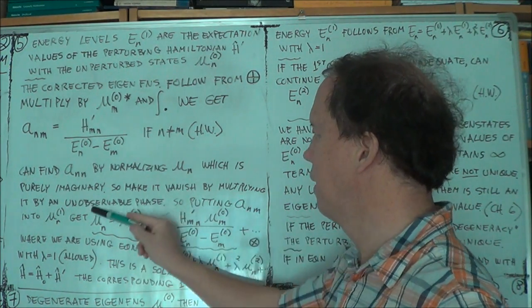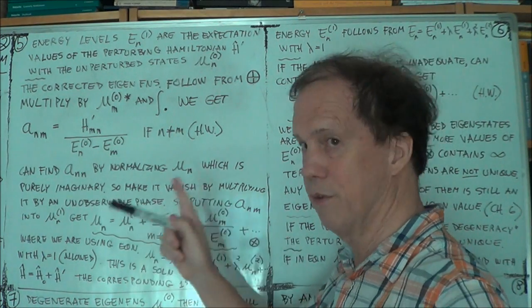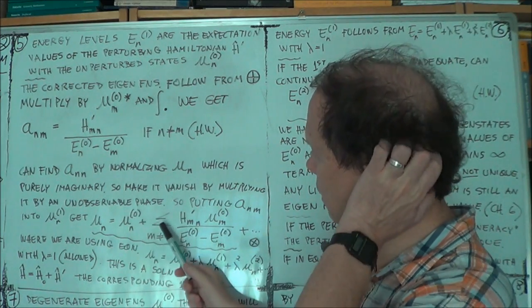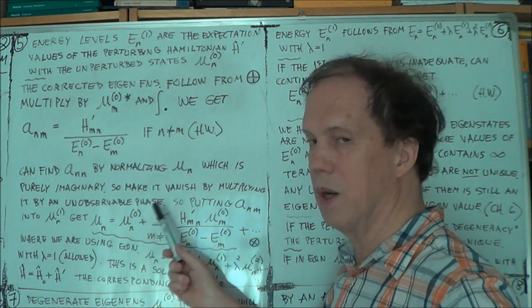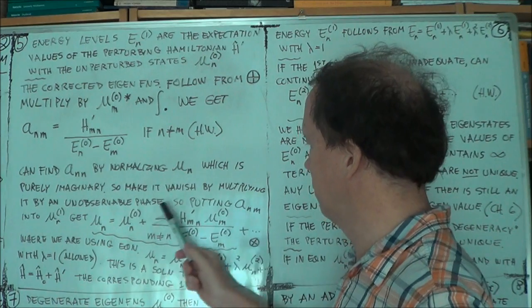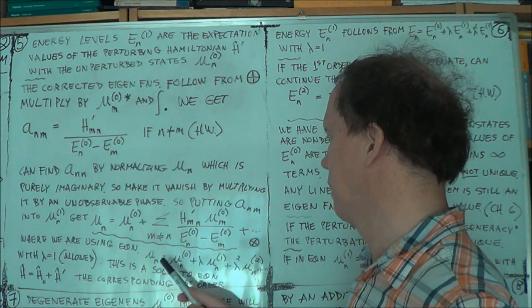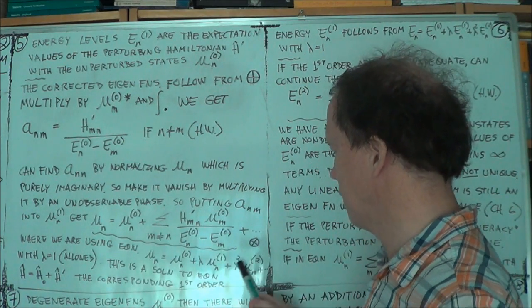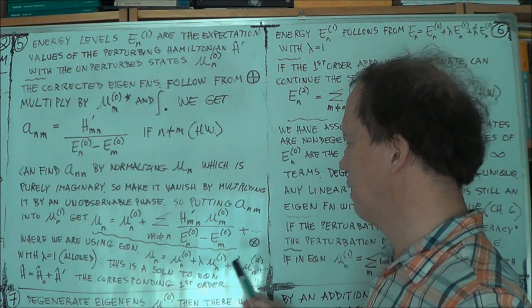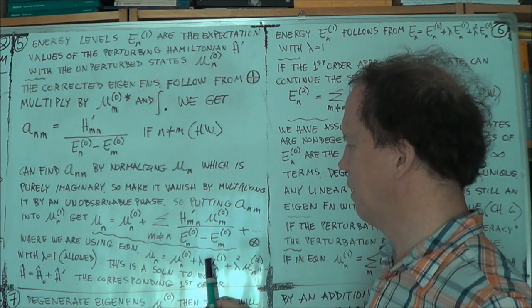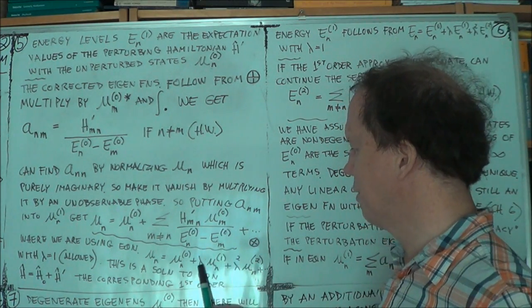So this now is your corrected to first order eigenfunction, right? And the lambda here, we just make 1. So you've got something of this order. This just comes from this. This was our basic assumption in perturbation theory, that you could expand it in terms of a power series in lambda.